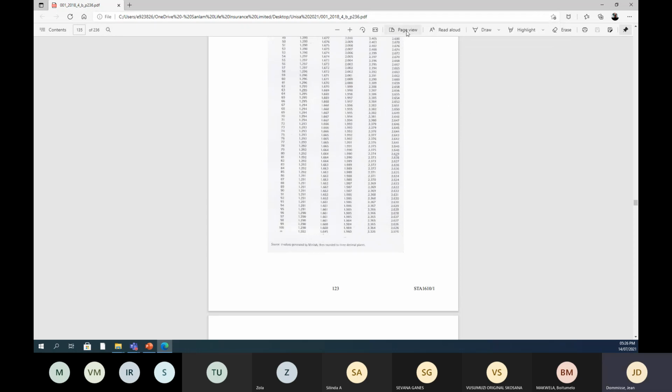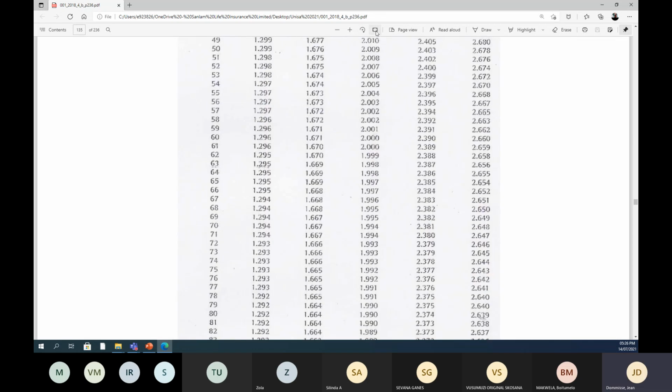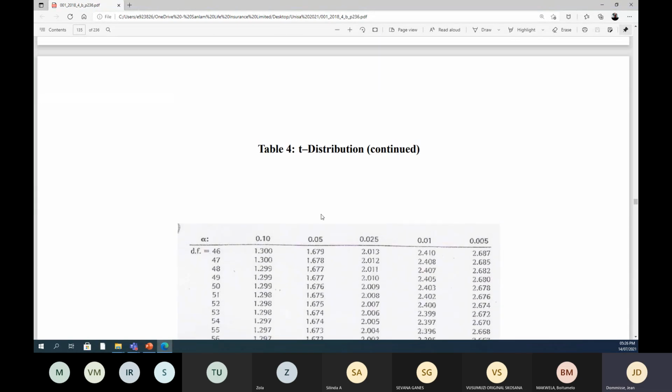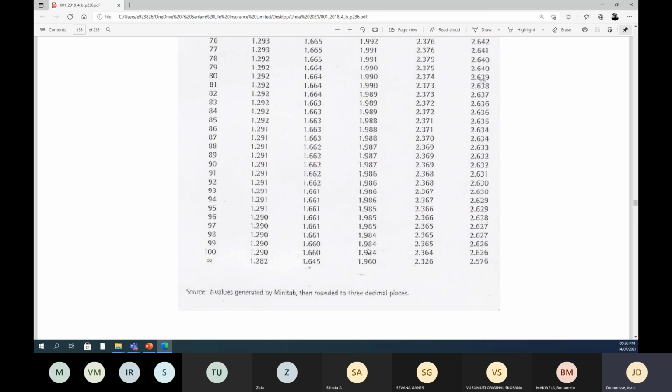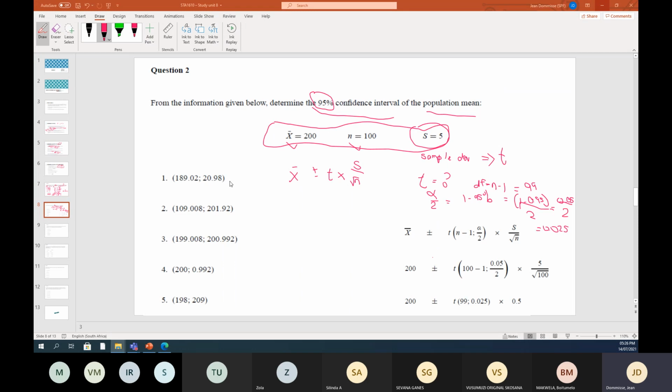So basically, I just want to see, can we make it bigger? Okay, so we are looking for the alpha at 0.025, and we are looking for it at degrees of freedom of 99. So there we sit with 2.365. That's interesting.